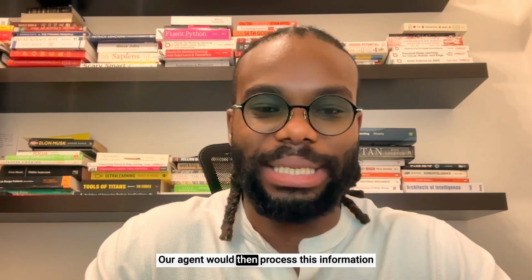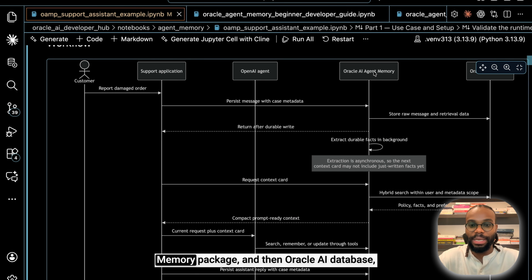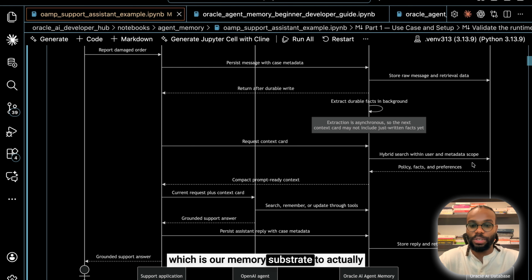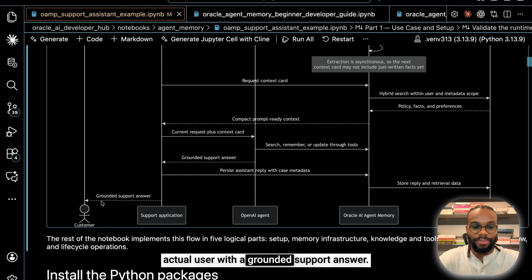Our agent would then process this information and use all of the good stuff around the agent memory package and then Oracle AI Database, which is our memory substrate, to actually store memory, retrieve memory, and answer the user with a grounded support answer. So it'll be able to remember who the user is and remember some of the policies we have, maybe our return policies on damaged goods, and actually answer the user query properly.